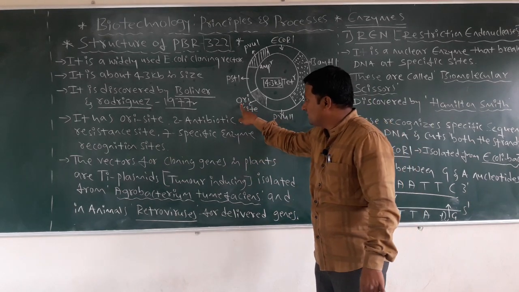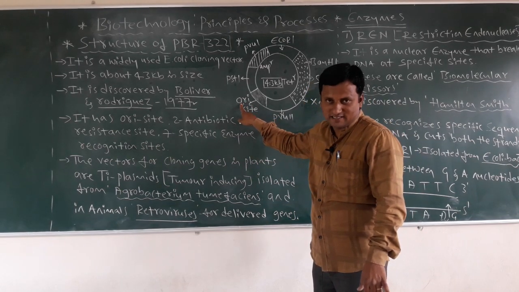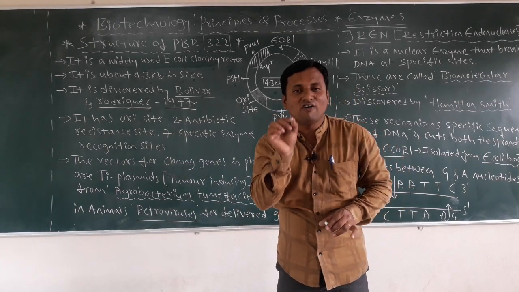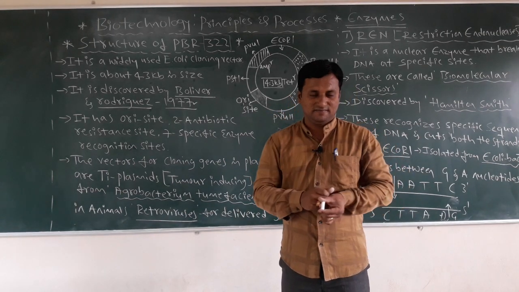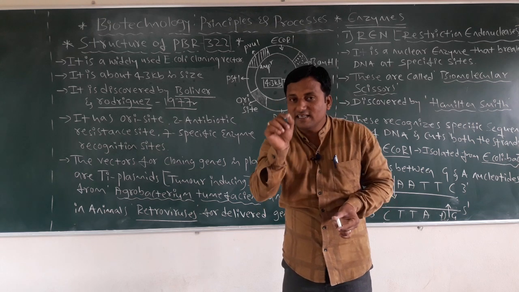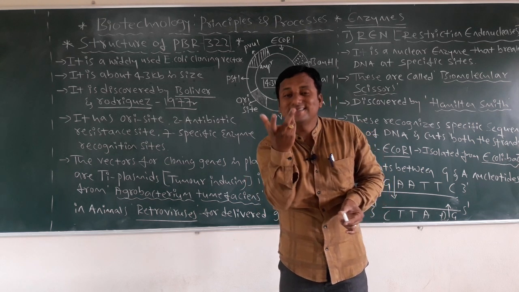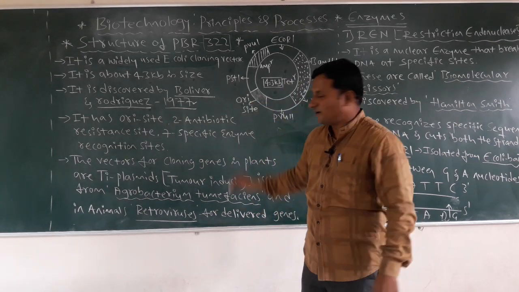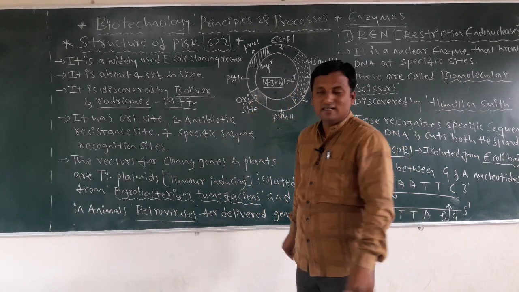And come to here, dear students, there is another very important site. That site is called the ORI site. The ORI site is nothing but the origin of replication site, where the desired genes will be introduced. From this site they are introduced into the plasmid.